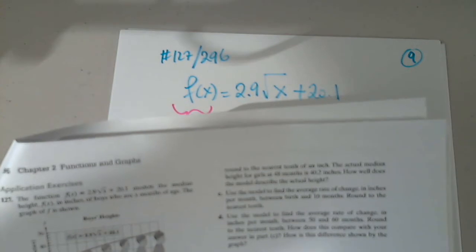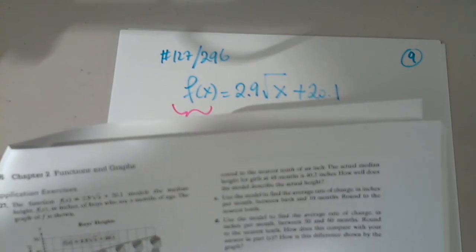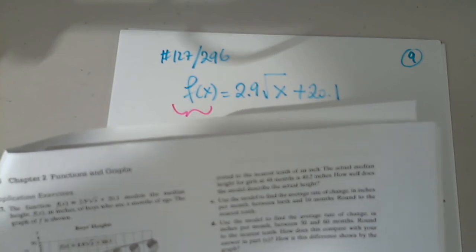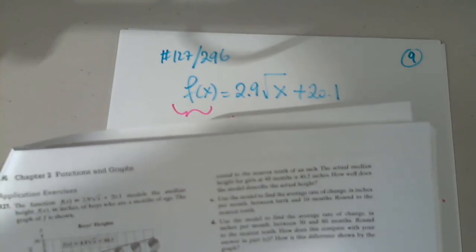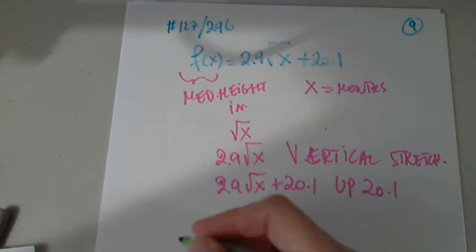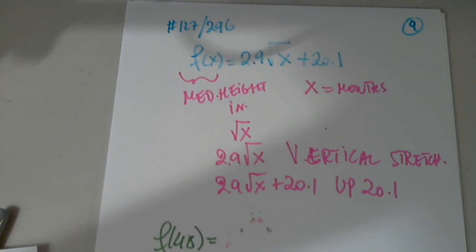Part B. According to the model, what is the median height of boys who are 48 months or 4 years old? Okay, so for 48, I'm really asked to find f of 48. Good. Where's my calculator? Here it is.